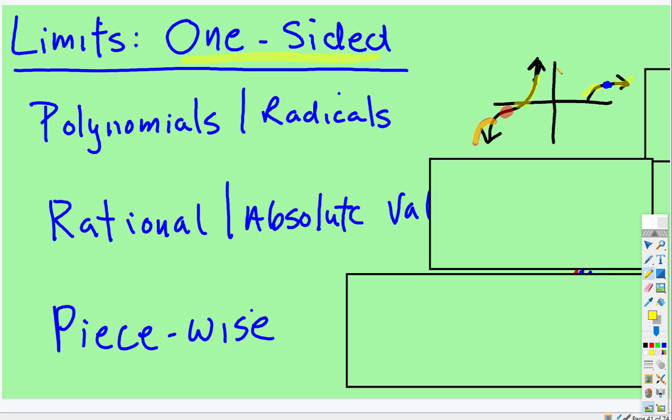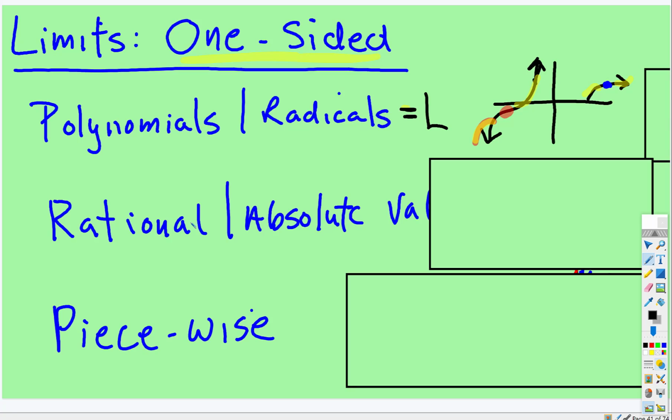So for one-sided limits for polynomials or radical functions that nothing else has been done with them, there will always be a limit. You won't really have one-sided limits unless it's a test and they're trying to kind of stump you.